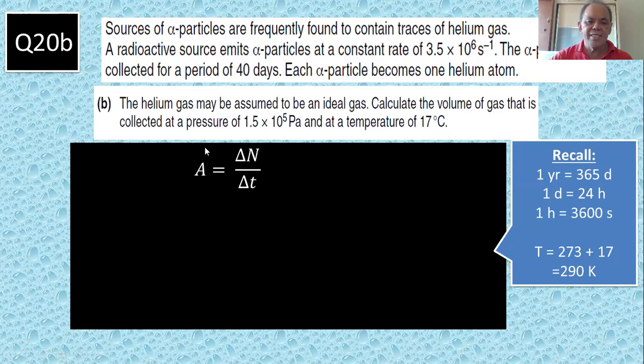Activity is the number collected in the time interval delta t. You just divide the number collected by the time you make the collection, or the rate of disintegration. Take your delta t across, you get activity times delta t. So that is your activity.